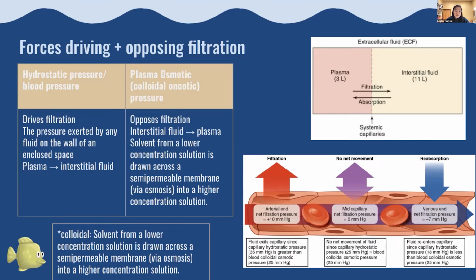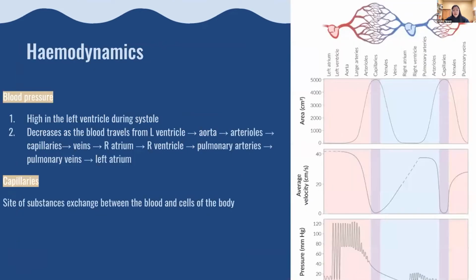Colloidal refers to the solvent going from a lower concentration solution across the semipermeable membrane into a higher concentration solution. So just keep in mind that inside the blood vessels, the concentration is greater, which is why it's easier to move out than in.